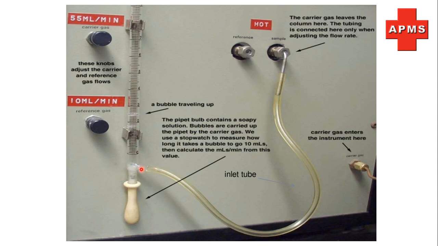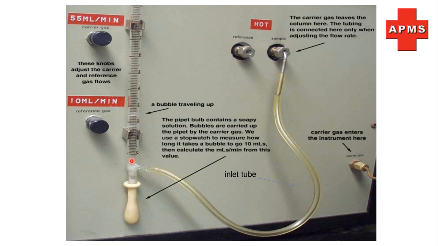When the carrier gas comes into contact with this soap solution, then it makes a type of bubbles here, and these bubbles travel upside. Okay, the bubble travels upside, and we can measure the time, and the distance is also shown here, on the graduated cylindrical object.